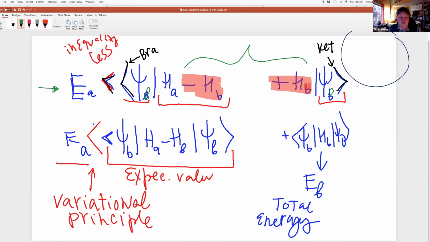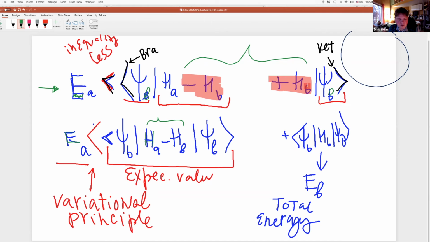And then my practice of the variational theorem can be formulated in the following way. So the absolutely correct total energy is smaller than the bra-ket of the subtraction of HA and HB, where HA is the Hamiltonian of my molecule.